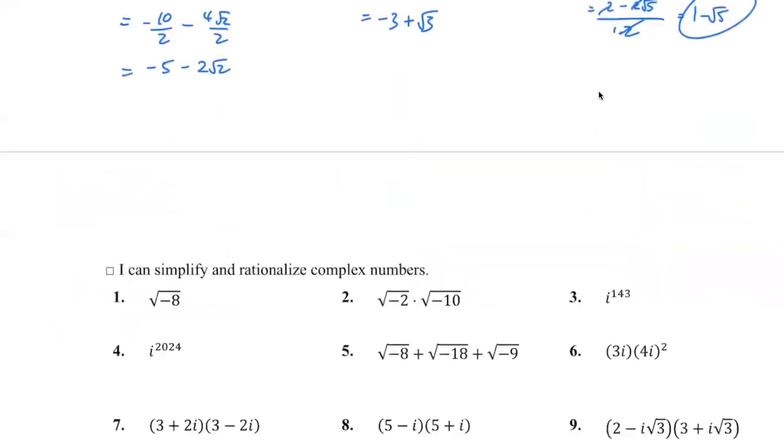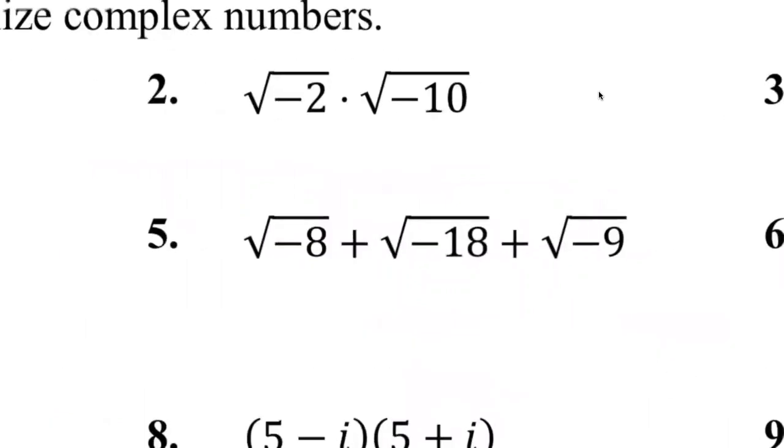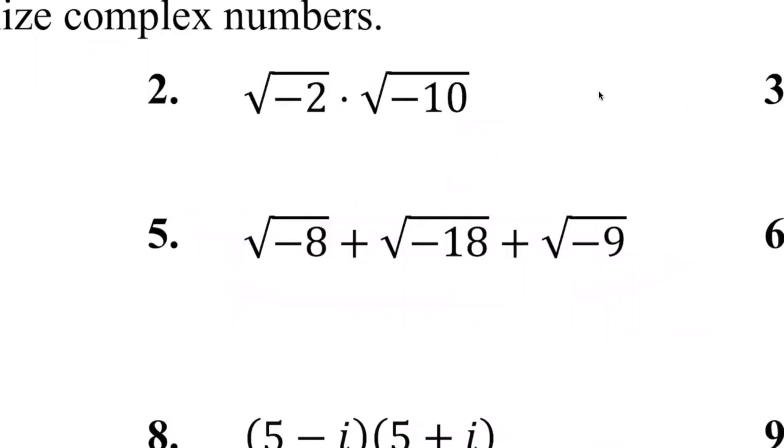That's my top concern about simplifying radicals. As for complex numbers, you're going to expect to see something like this. It won't disappear. It will be there on the test. So we just hope that at this moment you can really factor these numbers very quickly. Like the square root of 8 is 2 root 2, and you know why it's 2 root 2.